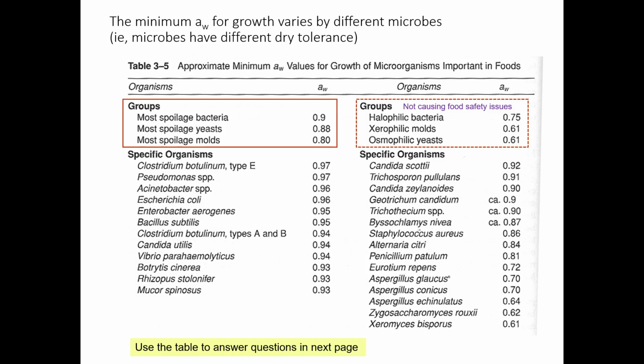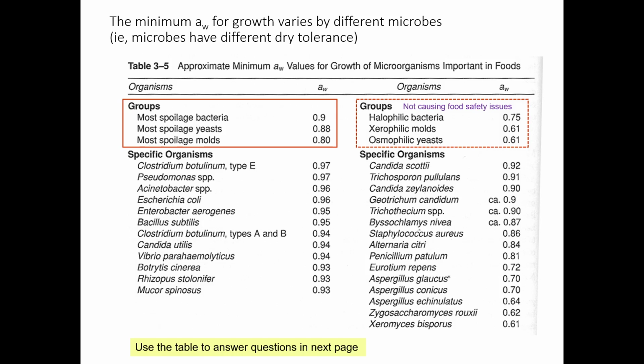Okay, so in this table we can see the water activity required for growth, so the very lowest amount of water activity that needs to be in the food for the organism to grow. If we have a food with a 0.9 water activity, then all 3 groups can survive. So we get bacteria, yeast, and mold growing. But if it was a water activity of 0.85, then only molds would be able to grow.